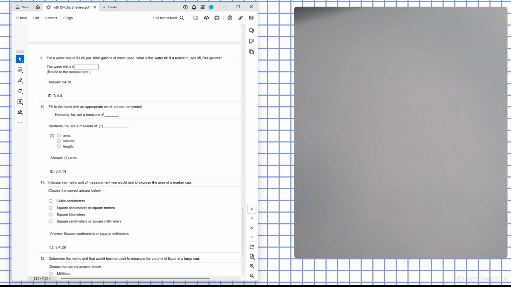Square meters is too large, so that choice is wrong. Square kilometers for a marker cap, that choice is wrong. It's too large. Square centimeters or square millimeters, that's the appropriate answer.